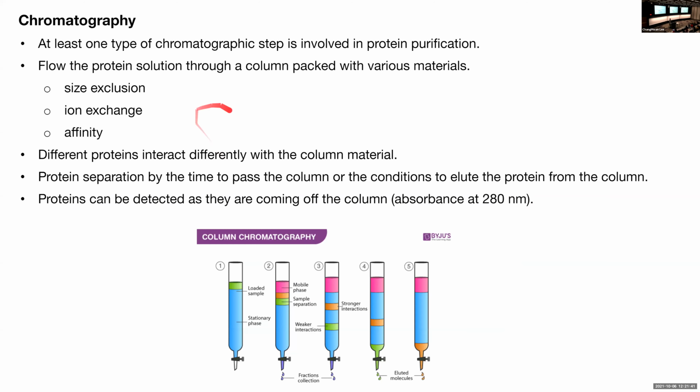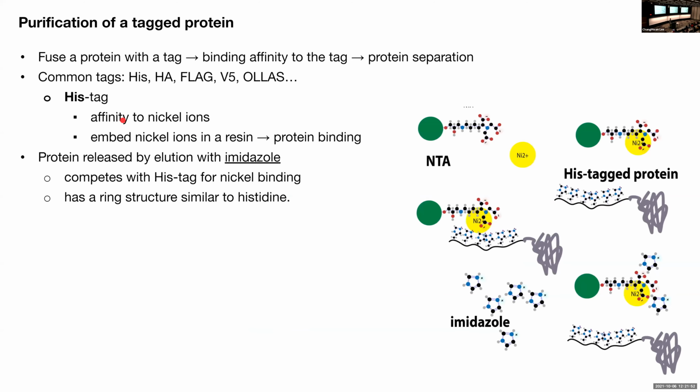And we talked about, again, different types of chromatography, the affinity ones, size exclusion, ion exchange, and so on. So you should understand how they work. And also we talked about purifying the protein with a tag, like chimera proteins, using the His tag or some other tags.